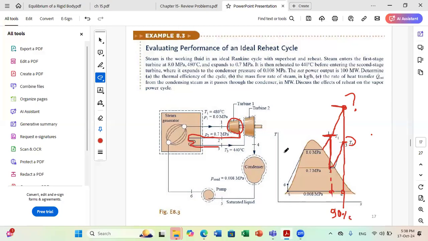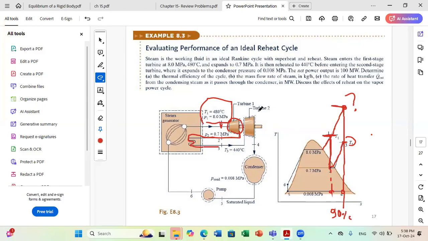So now, here they gave us all the values needed. They already determined the conditions under which they are working, and all we have to do is perform our calculation. To start with, for point one, we have two properties. Keep in mind that whenever you have two properties, you can know the state you are in.